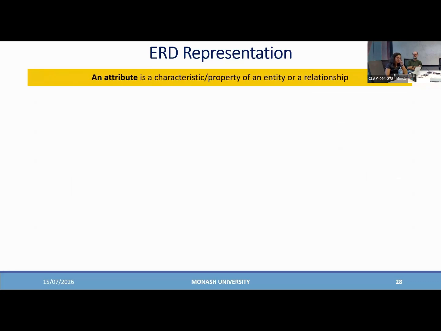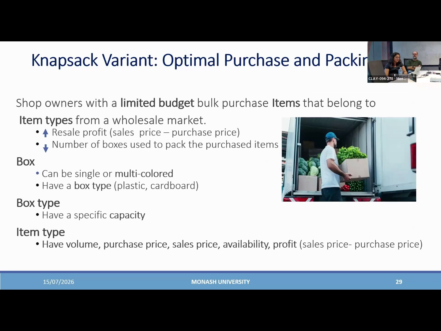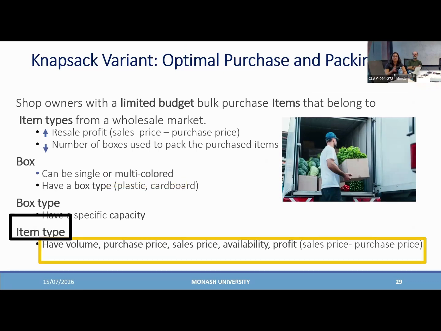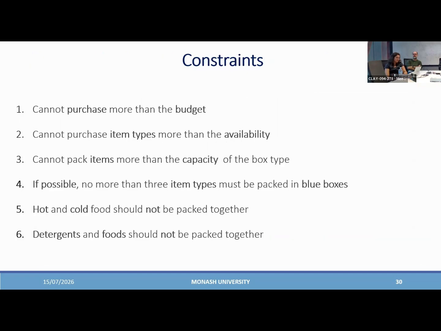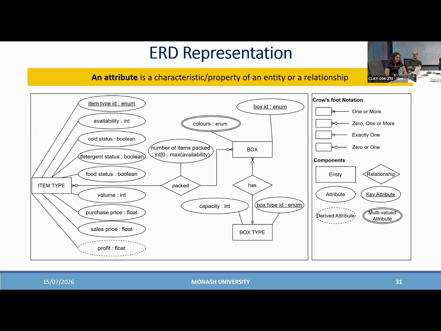In an ERD representation, an attribute is a characteristic or a property of an entity or a relationship. In our problem, the boxes have the color, box types have the capacity, and item types have the volume and purchase price as properties. Also the hot, cold, detergent and food statuses of each item type can be indicated as attributes of the item type entity.